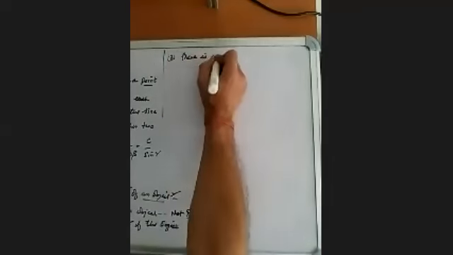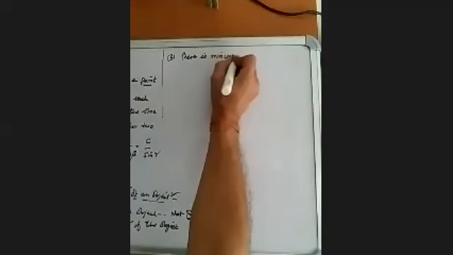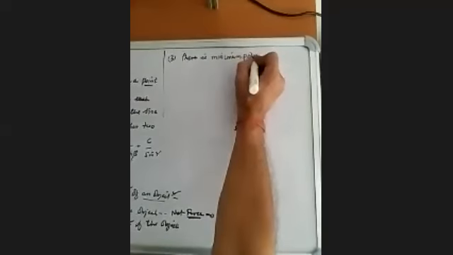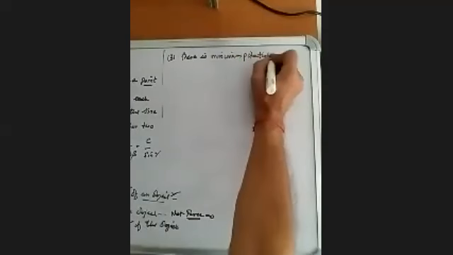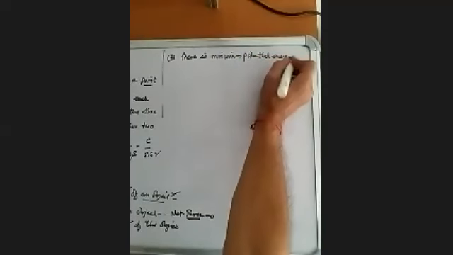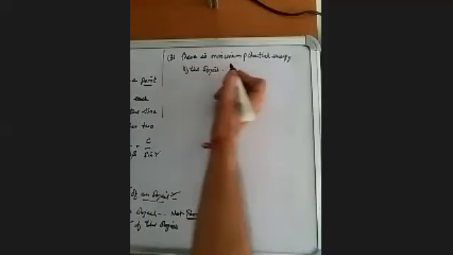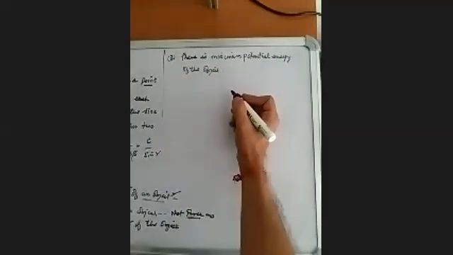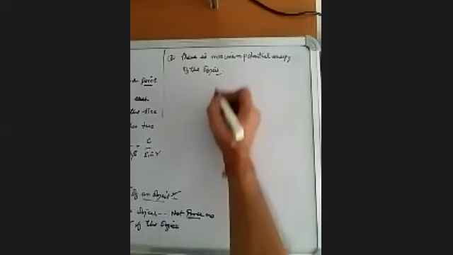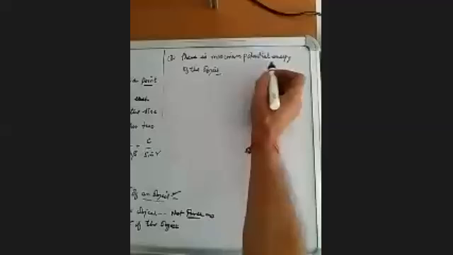And the third condition for the object to be in equilibrium is that there is minimum potential energy of the object. If it is in stable equilibrium, the potential energy of the object will be minimum.